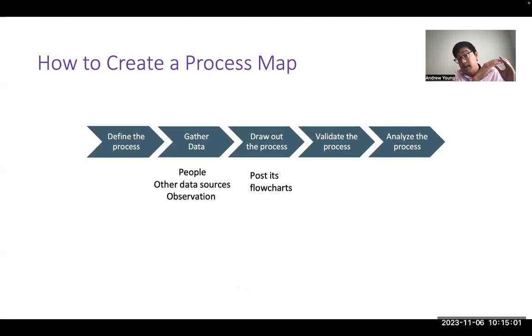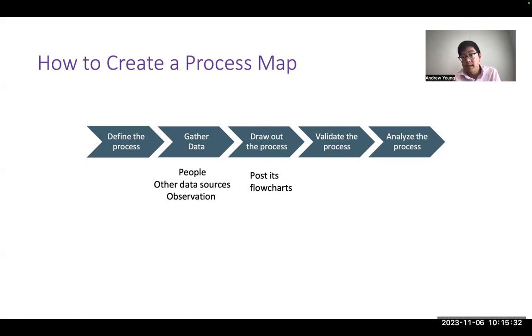So again, the steps are going to be defining the process, gathering data. In Lean, they say get to the Gemba. That means going and actually observing what's happening, talking to the people who actually do the work, not the nurse manager, not the ICU director, but the actual RRT nurses that do the work, the actual residents that respond to the RRTs, not the attendings who are maybe not directly involved as much.